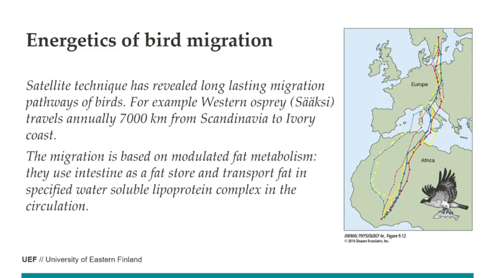That's why in the very first lecture we had these migrating birds that had drastic changes in their intestine. They can increase the intestine by adding fat when they are eating, and then when they are traveling, they use these fat stores, and that's why the size of the intestine decreases.